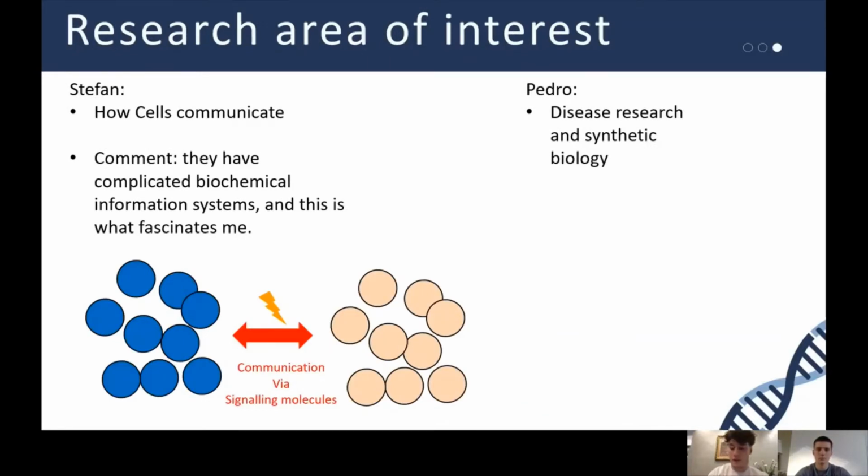And now more of our story. What exactly do we want to do with our future areas of interest and future research areas? I am planning on going into cellular communication, which is basically the way that cells communicate and share information in order to essentially function.